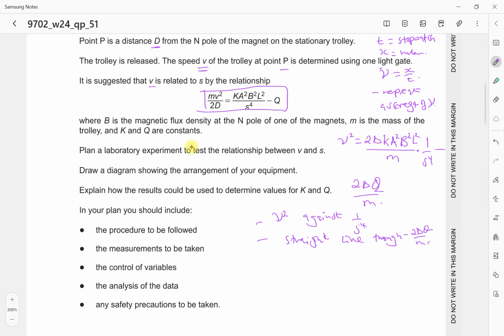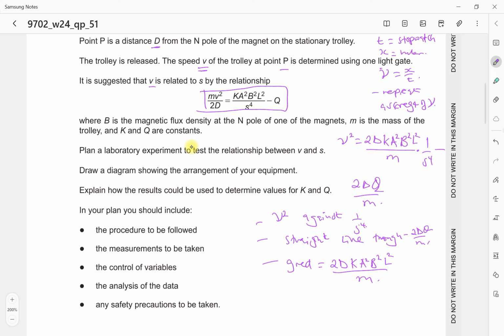That is the y-intercept. The gradient of this line is going to be equal to 2d k a squared b squared L squared divided by m. So that will be the gradient of this graph.